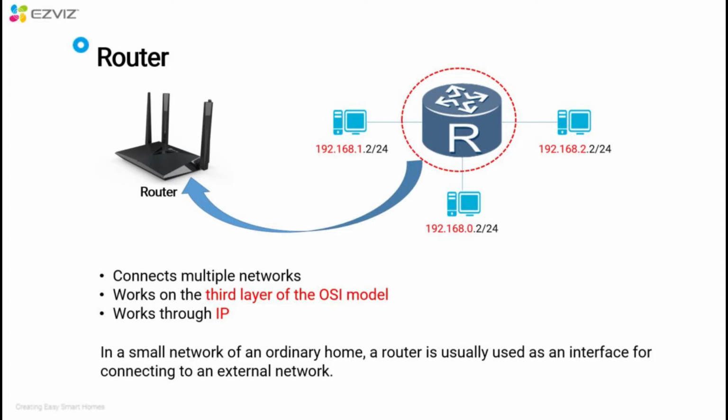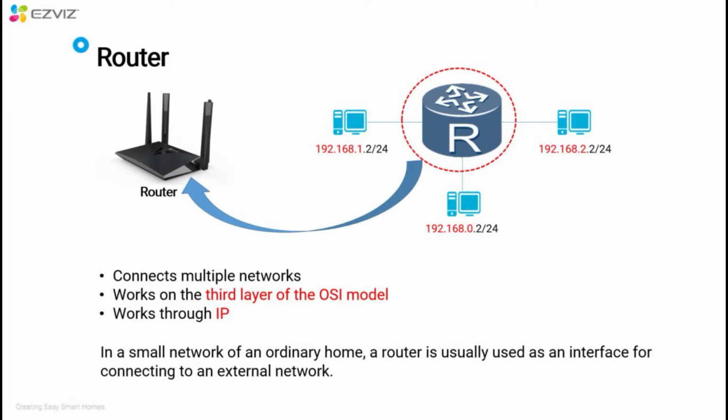And it works on the third layer of the OSI model, the network layer, and it works through IP. The routers transmit data through the IP address.